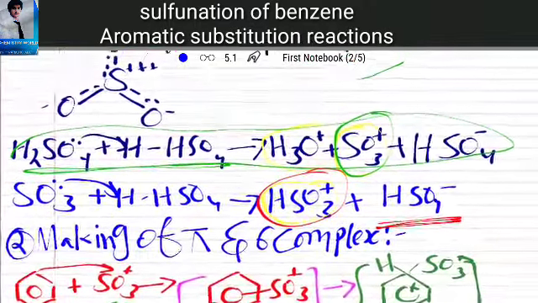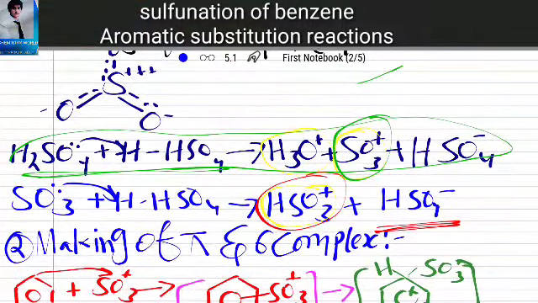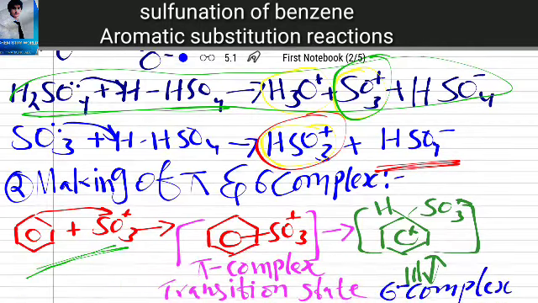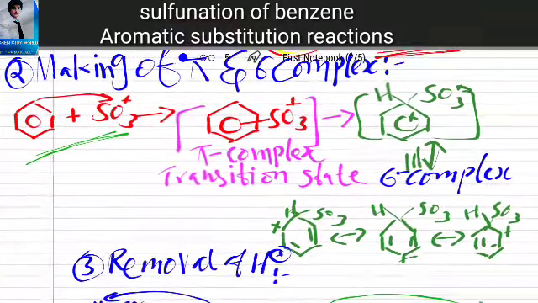So there are two methods of making an electrophile. First one is the reaction of H2SO4 with H2SO4. It will give H3O positive, SO3 positive, and HSO4 negative. In the second method, we have SO3 plus H2SO4, and we get HSO3 positive plus HSO4 negative. Both the mechanisms are given below.